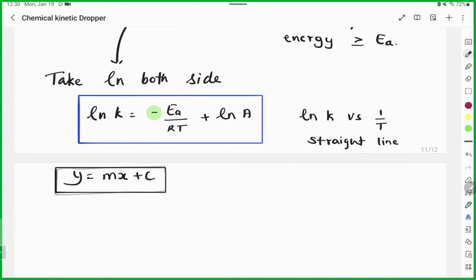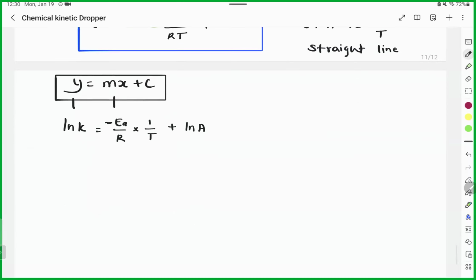Your y value in this case is natural log K. Your m value is minus EA by R. Your x value is 1 by T, and your c value is natural log A. So your slope is negative, that's why it is in the downward direction.